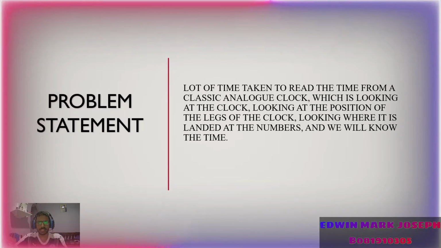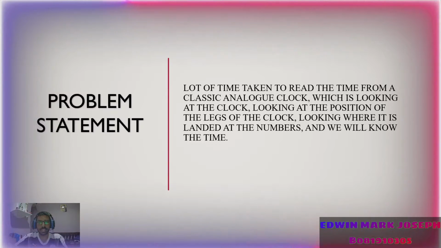The problem is that with the classic analog clock, which uses arrows, a lot of time is taken to read the time. The arrows don't display numbers; they only point from number 1 to 12, and they don't show the seconds.